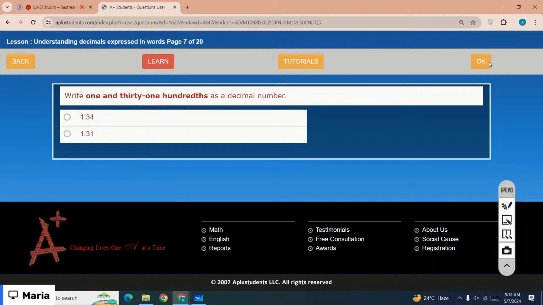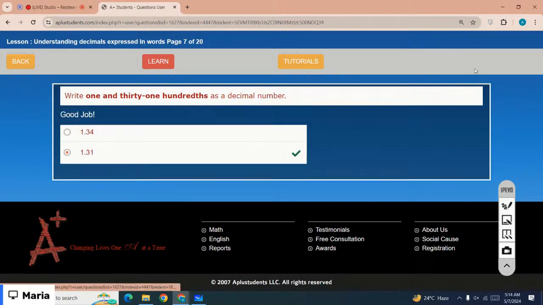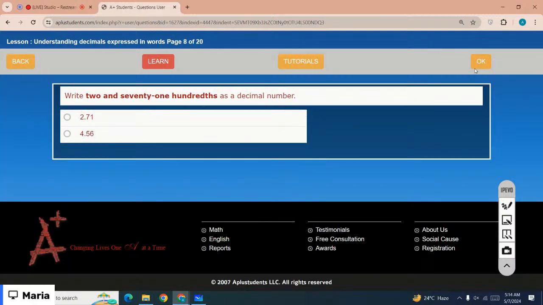Write 1 and 31 hundredths as a decimal number, which is the correct option? Yes, that is option number 1. 1.31 is the correct option.